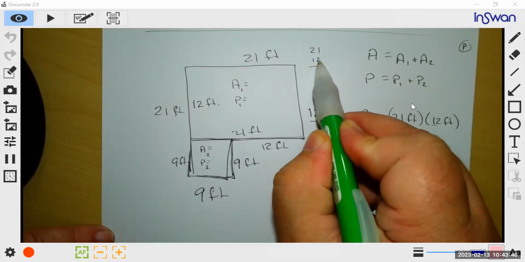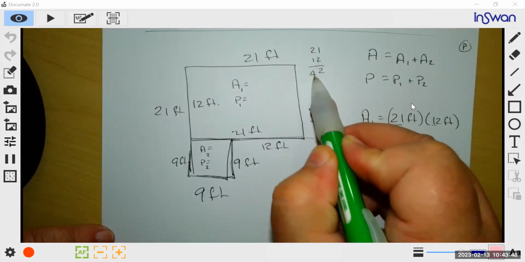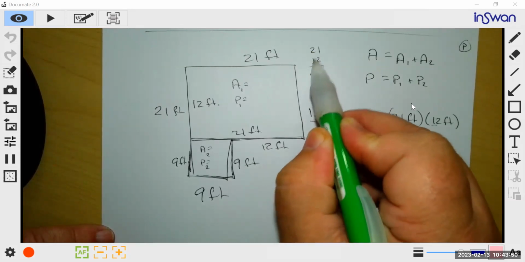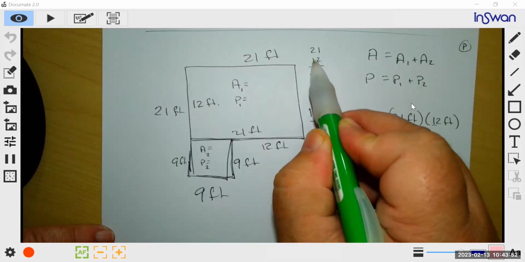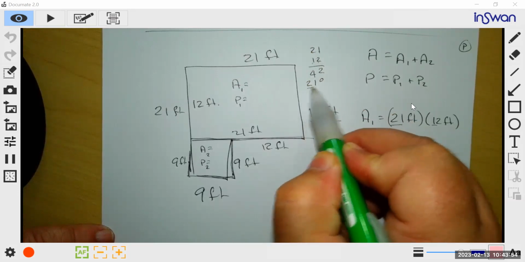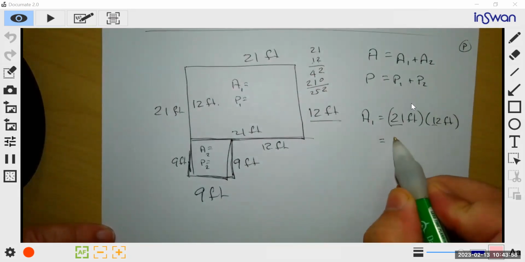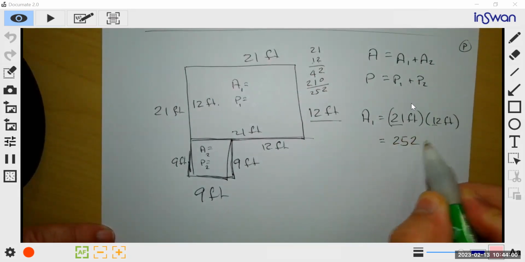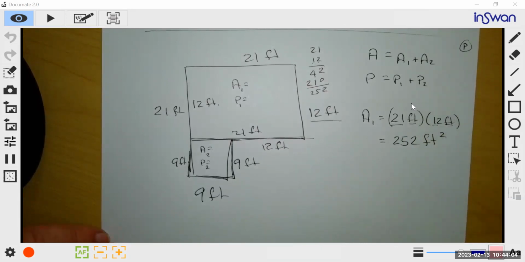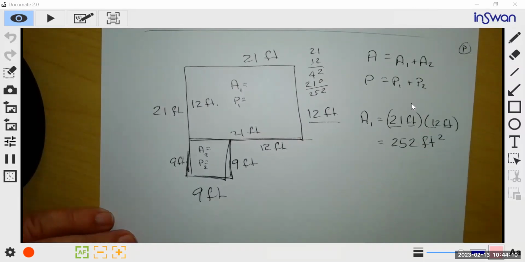Two times 1 is 2. 2 times 2 is 4. 1 times 1 is 1. 1 times 2 is 2. 2, 5, 2. So it's 252 feet squared. Because it's area. Areas and volumes have exponents.